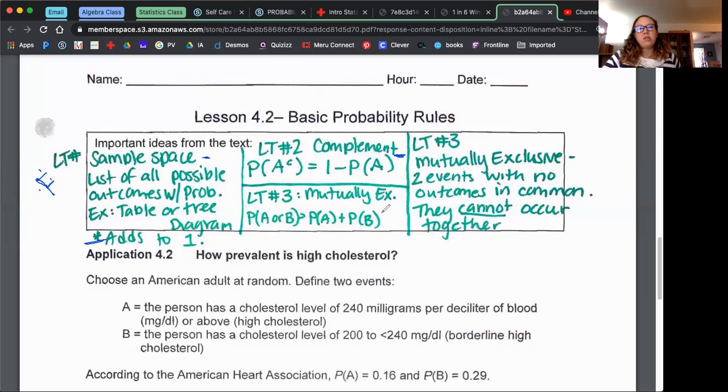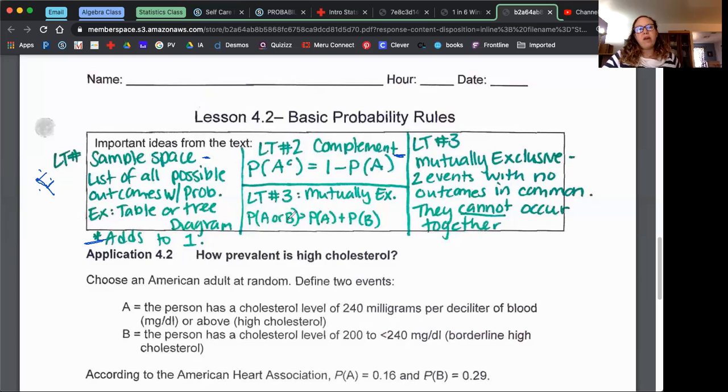You can have both being a male and having blue eyes, not just one or the other. So one of the things that we can write as an equation for when things are mutually exclusive, we can say the probability of having event A or event B is equal to the probability of event A plus the probability of event B. So really focusing in on these cannot happen together.